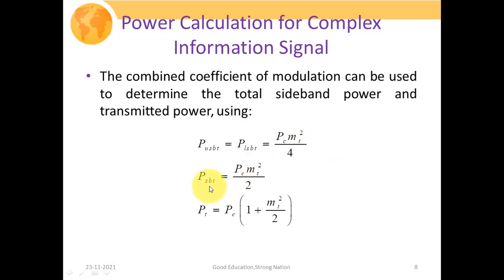The total sideband power PSBT will be equal to Pc times mT square by 2, and the well-known relationship that we have already derived: PT is equal to Pc times 1 plus mT square upon 2, where PT is the total power, Pc is the carrier power and mT is the combined modulation index.